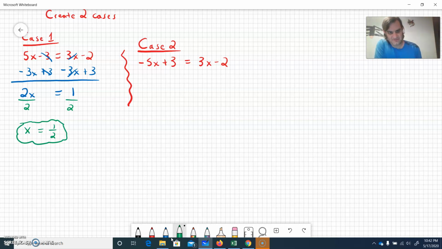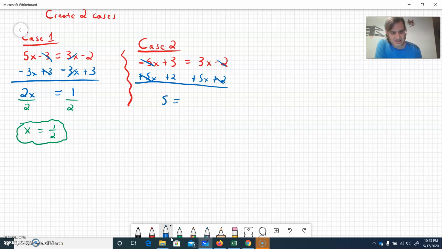Case 2 of negative 5x plus 3 equals 3x minus 2. I can add 5x to both sides. And that will force me to add 2 to both sides. Doesn't matter which side these things end up on.